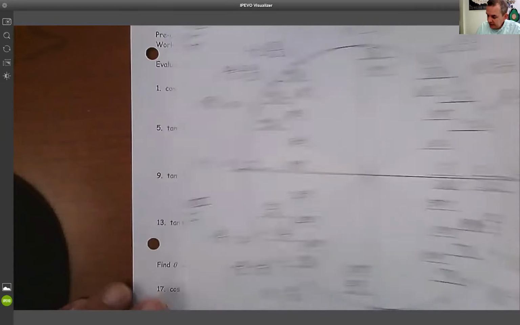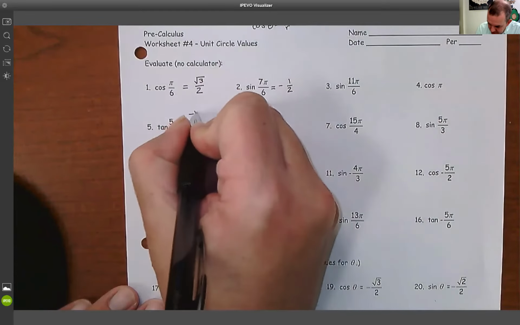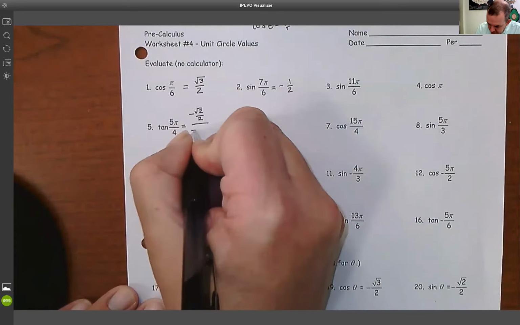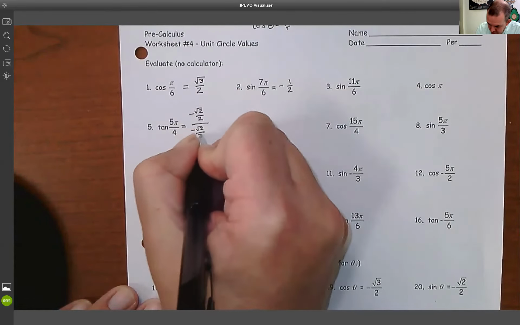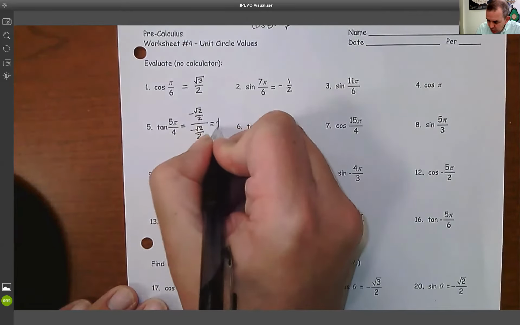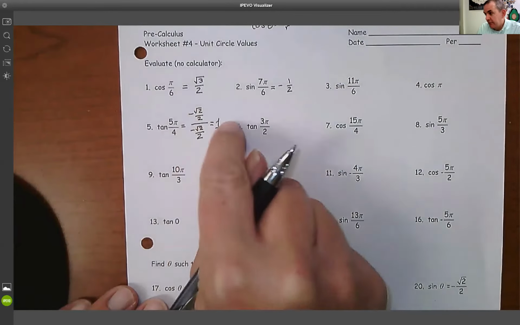So I'm going to put the value of the sine up top, negative root 2 over 2, and the value of the cosine down below, which is also negative root 2 over 2. When I simplify this, the answer is 1, because when I divide a number by itself, I get 1.